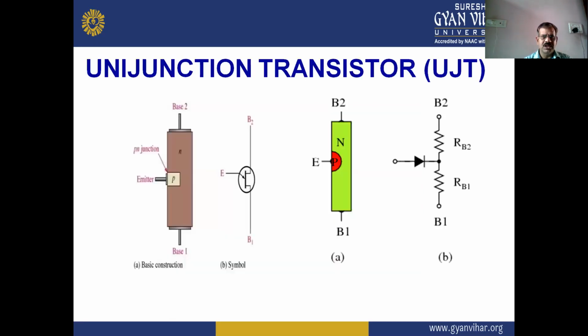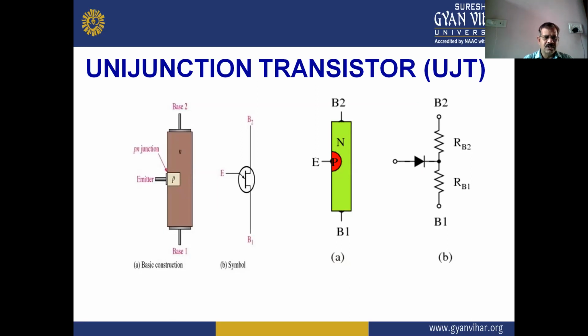So the unijunction transistor is a three terminal semiconductor device used as an oscillator, a relaxation device. Here is the basic construction of the UJT.